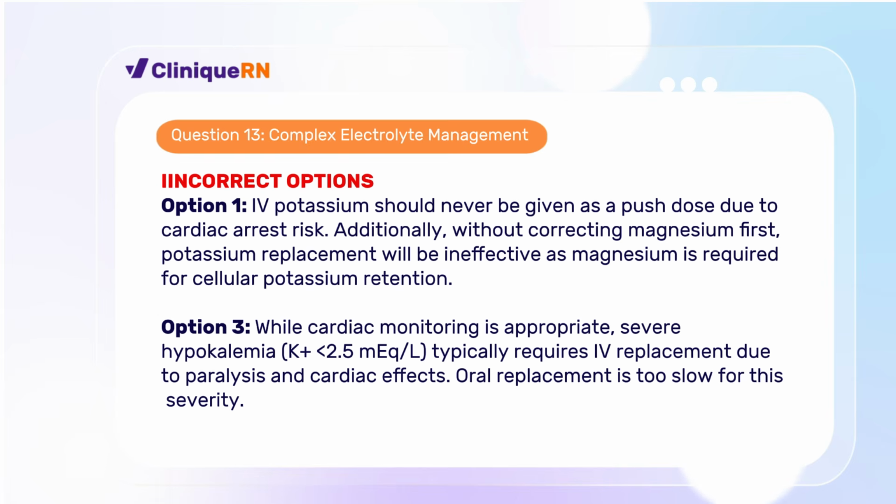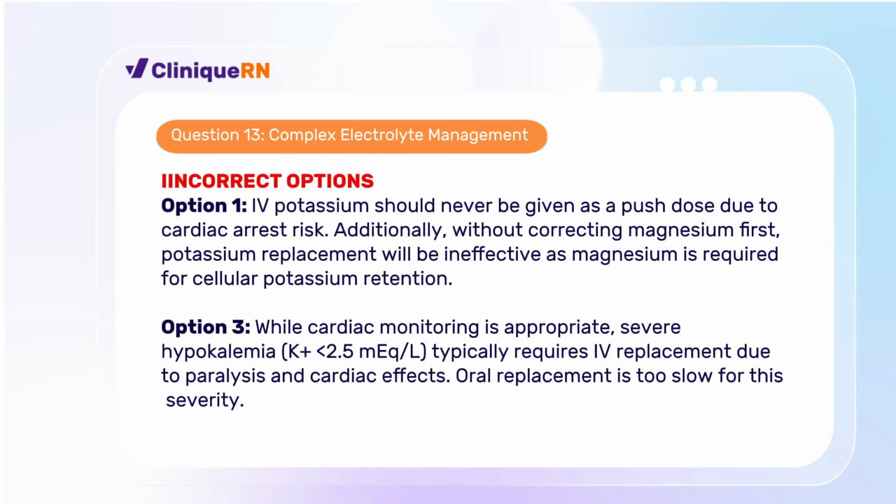Why are other options incorrect? Option 1. IV potassium should never be given as a push dose due to cardiac arrest risk. Additionally, without correcting magnesium first, potassium replacement will be ineffective, as magnesium is required for cellular potassium retention. Option 3.